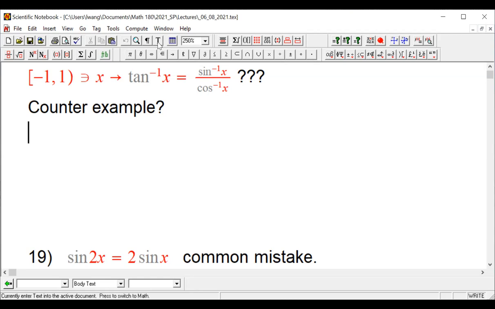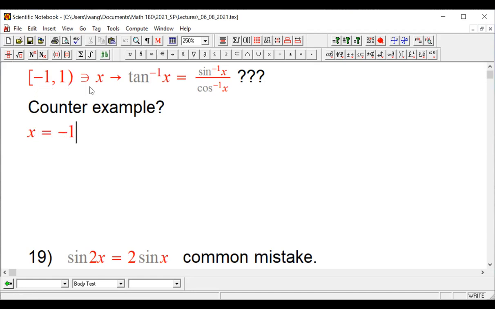So I'm going to choose x equals 1. Oh no, x cannot equal 1. So I'm going to choose x between -1 and 1. How about I choose x equals -1?